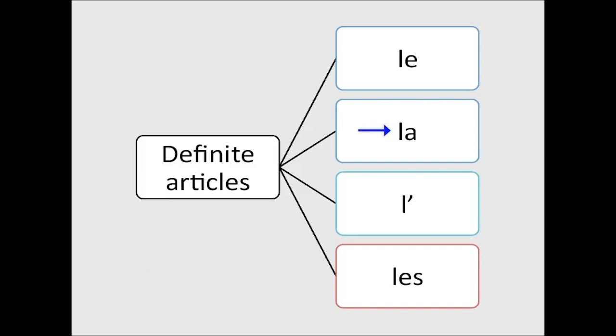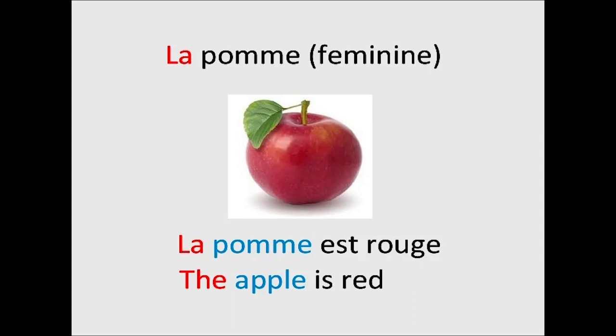Let us now look at the definite article la. La is placed before a feminine noun. For example, la pomme. La pomme. Let us make a sentence with this word. La pomme est rouge.